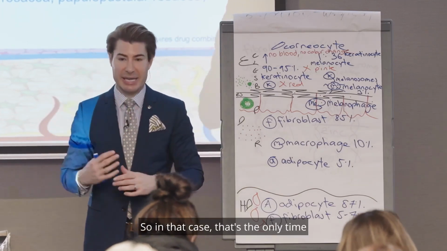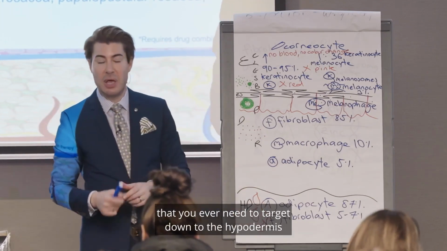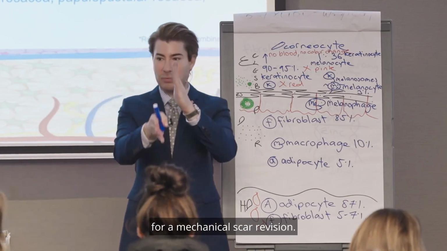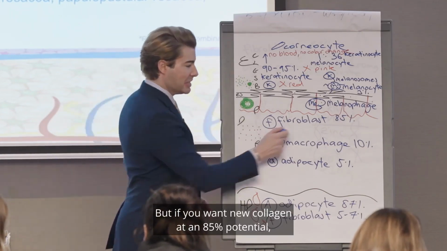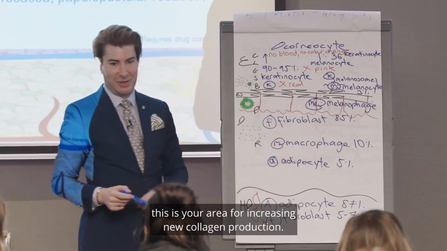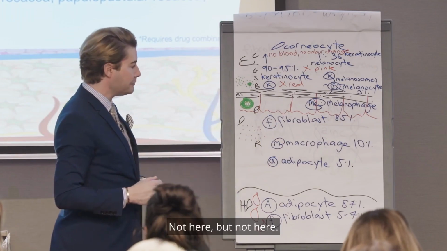So in that case, that's the only time that you ever need to target down to the hypodermis for a mechanical scar revision. But if you want new collagen at an 85% potential, this is your area for increasing new collagen production. Not here, but not here.